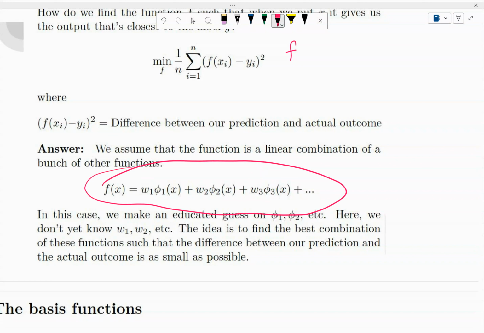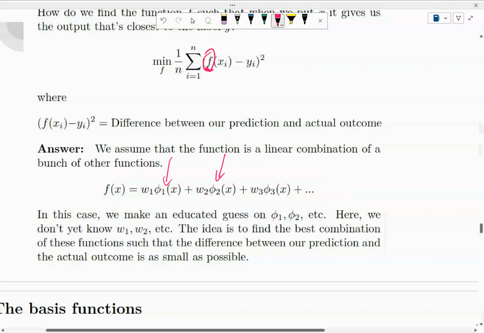Once again, our goal is that we want to find the function such that the distance between the prediction of our function and the actual label itself is as small as possible. And since it's really hard to find the function, we simply assume that the function is a combination of other functions, phi 1, phi 2, phi 3, right?